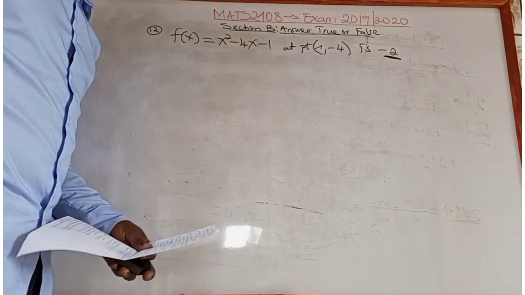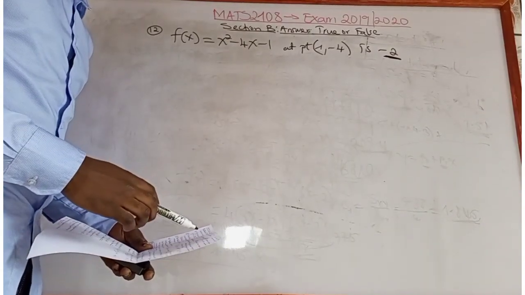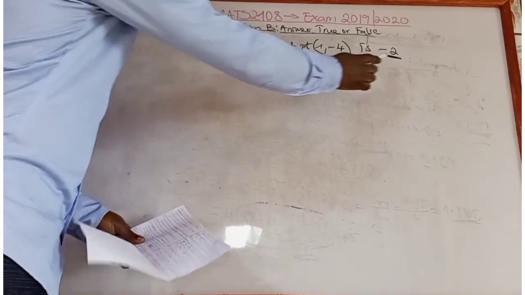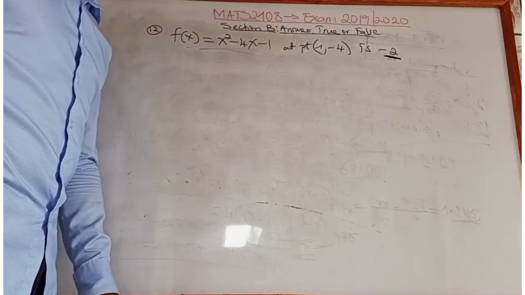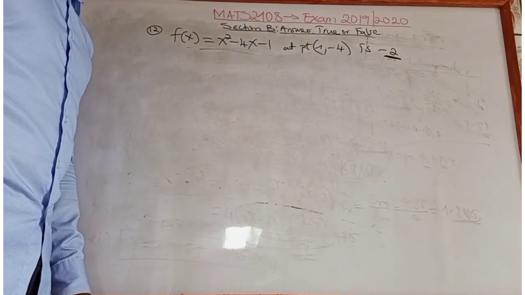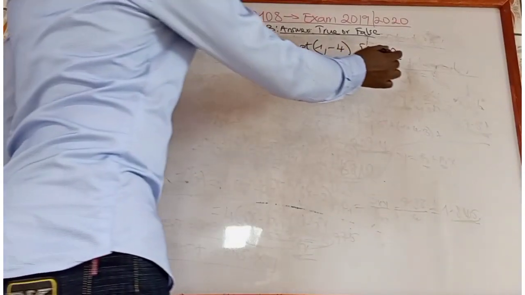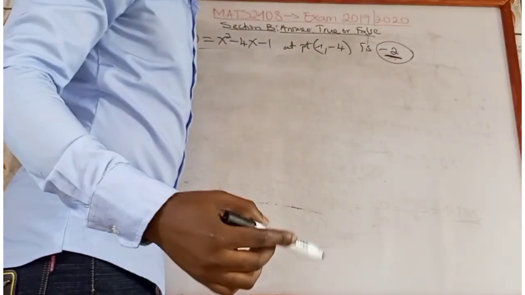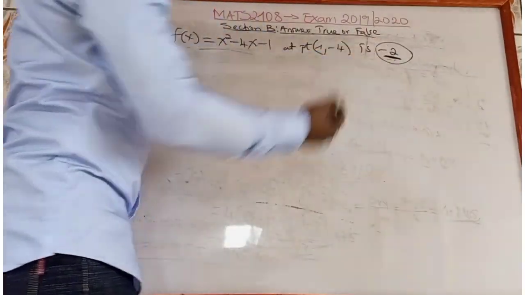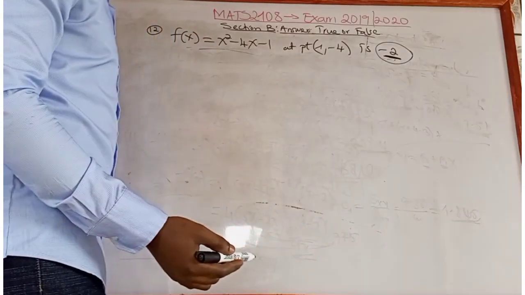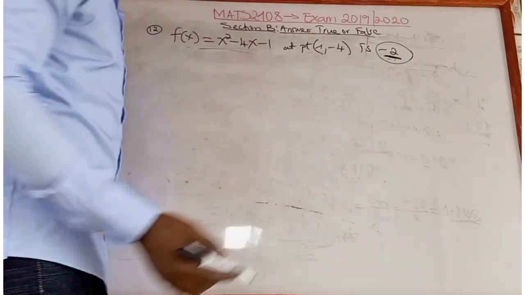Very good. The question is telling us that the equation of the tangent line to this curve is negative 2 at this point. But that is not true, because negative 2 is a number, it's not an equation. So it cannot represent the equation of the tangent line at this point.